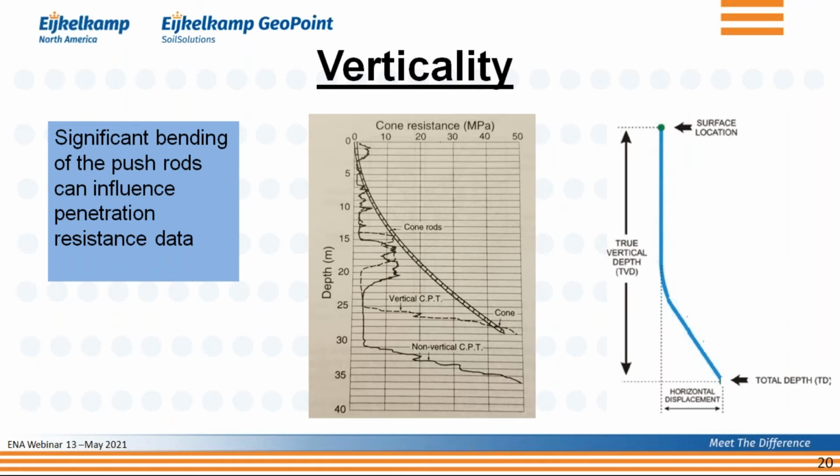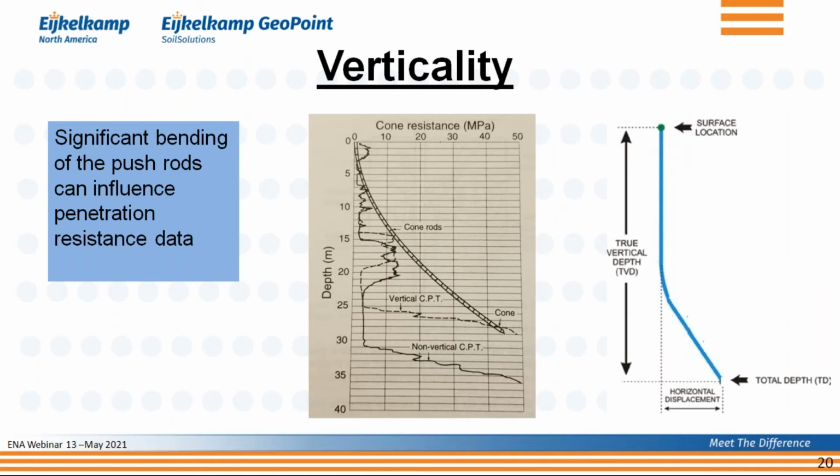Now, if you were to pass this information on to your client, and he is using that to design something, during the construction phase, they'll find out that that layer did not start at 30 meters, but at 25 meters. Because the real vertical depth where the cone was not something like 36 meters.